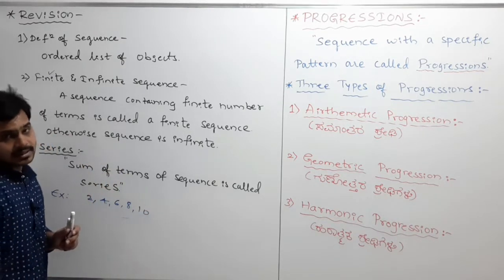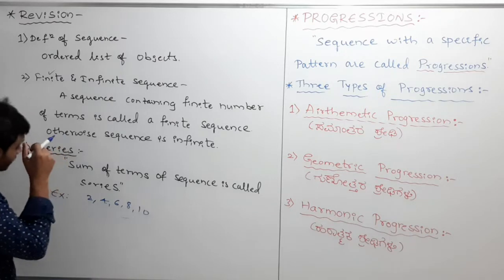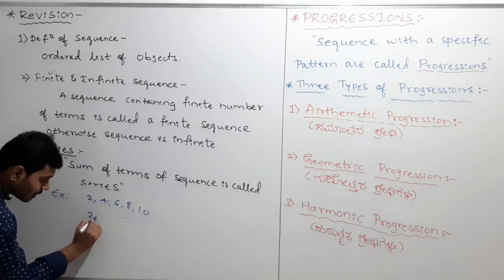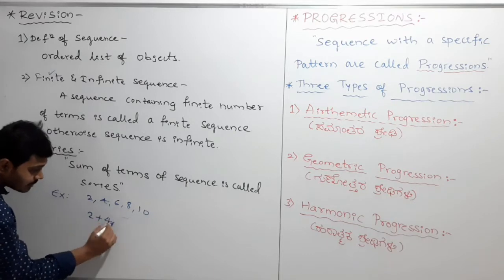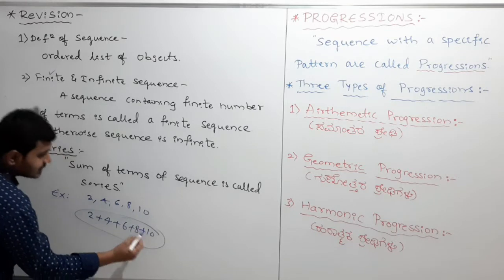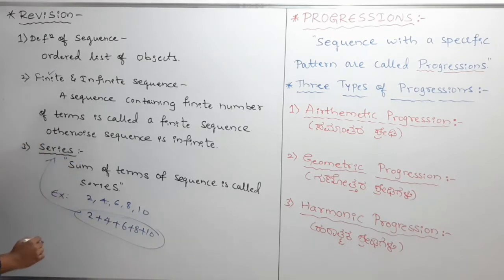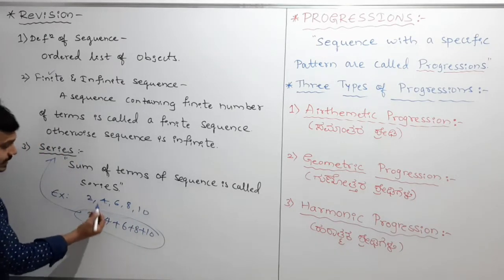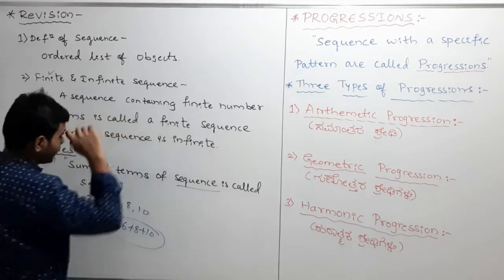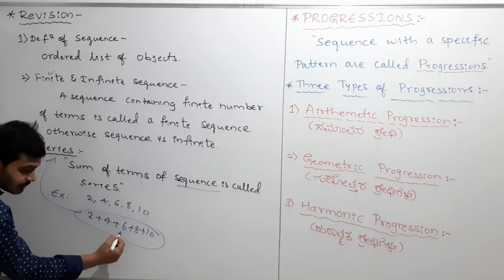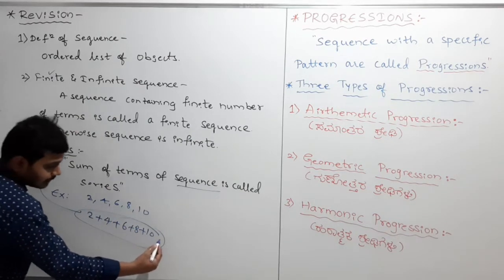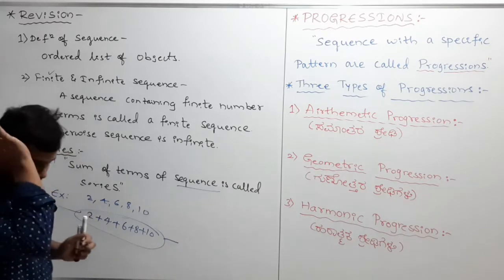Now the series: remove the commas and write 2 plus 4 plus 6 plus 8 plus 10. This is the series, because it is the sum of the terms of the sequence, where I took the elements, removed the commas and wrote addition. Therefore 2 plus 4 plus 6 plus 8 plus 10 is a series.